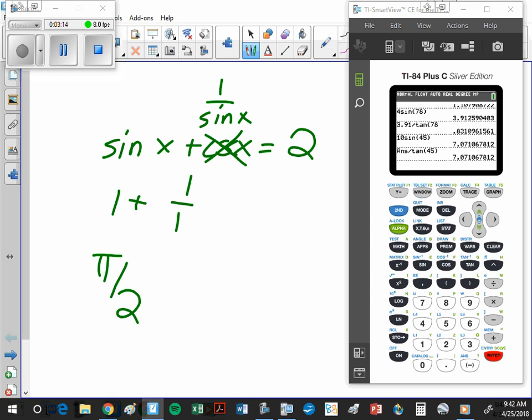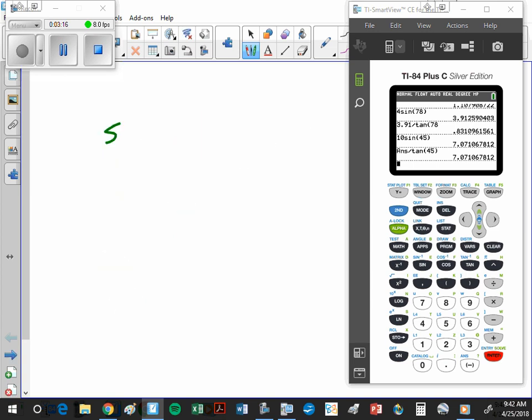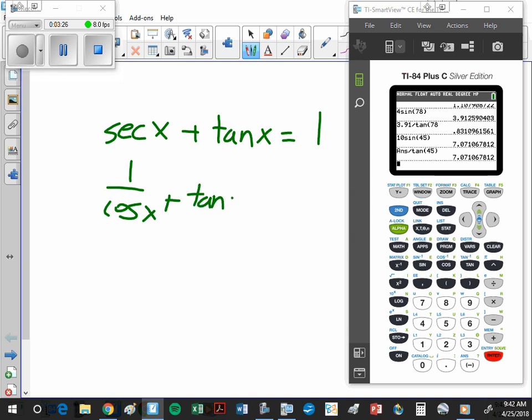Okay, take a look at 66. The secant of x plus the tangent of x is equal to 1. 1 over the cosine of x plus the tangent of x. Yeah, we could change that. That's not a bad idea. Sine of x over the cosine of x equals 1. What values of sine and cosine will make this work?